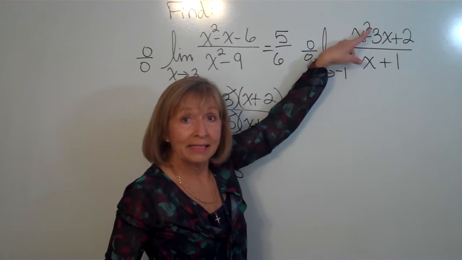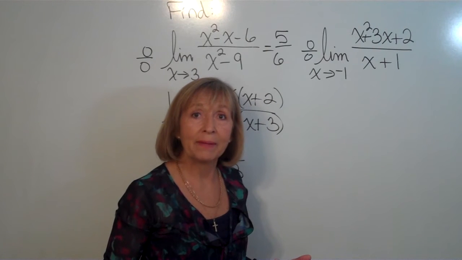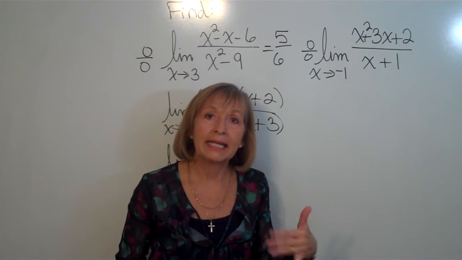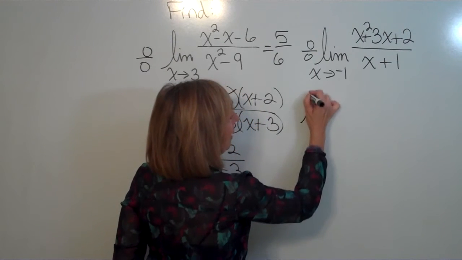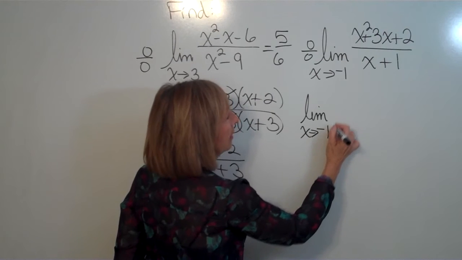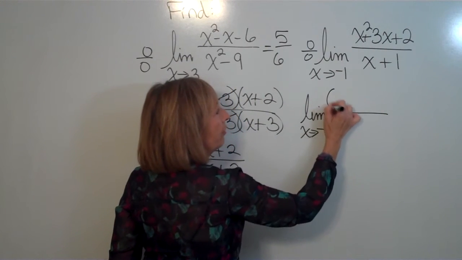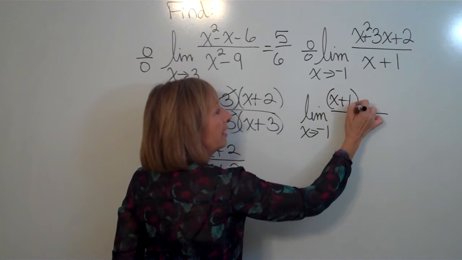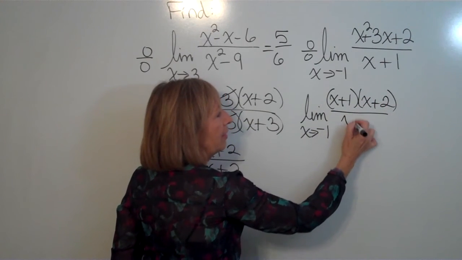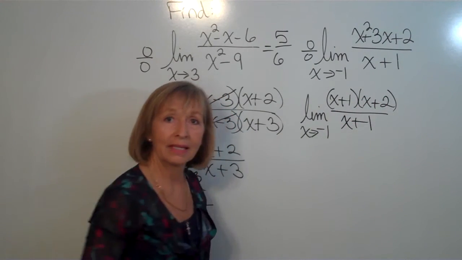And again, since it was a polynomial divided by a polynomial, that's telling me that x minus that -1 is a common factor. So I have the limit as x approaches -1 of, in the numerator it factors as x plus 1 times x plus 2. In the denominator I have x plus 1.